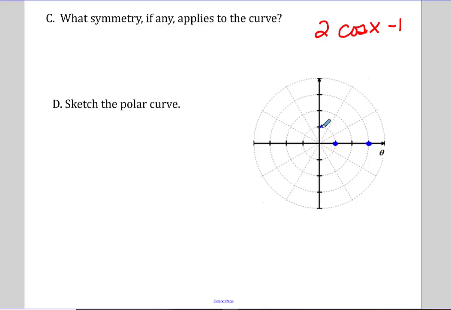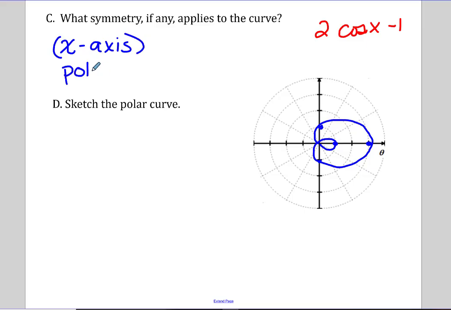And then 1 up and 1 down. So it's going to have the inner loop here. And then it's going to come around here and go around to complete that loop. So there's symmetry on the x-axis, or the polar axis. I'll put that in parentheses. We've got symmetry on the polar axis, and we could test that r of theta is going to be the same as r of the opposite of theta, and then sketch that polar curve, which we've done.